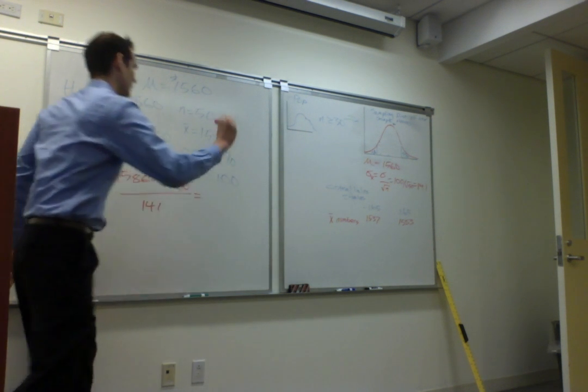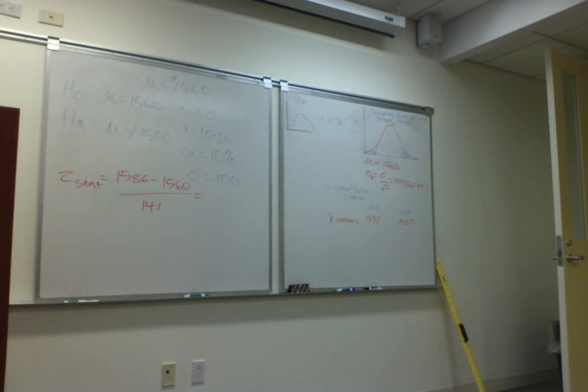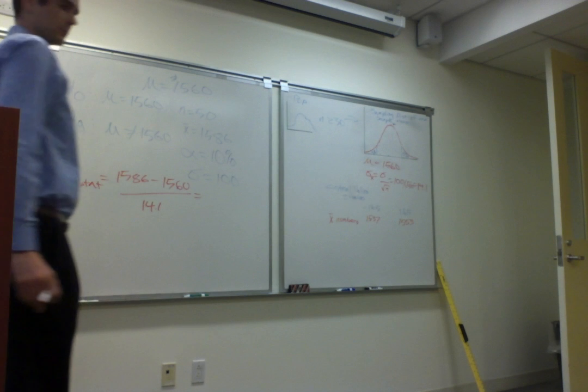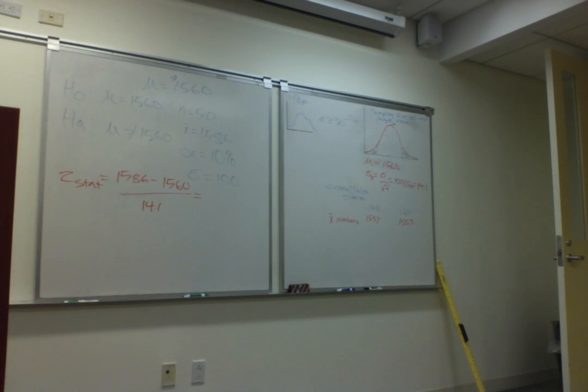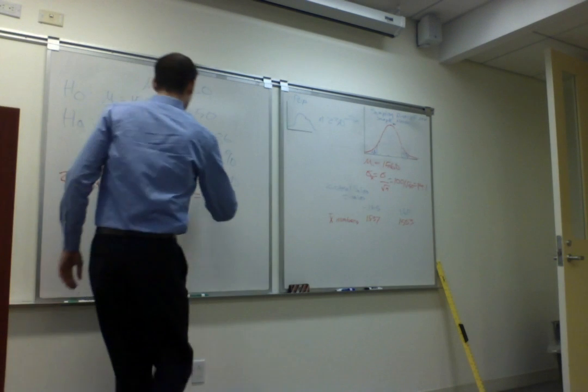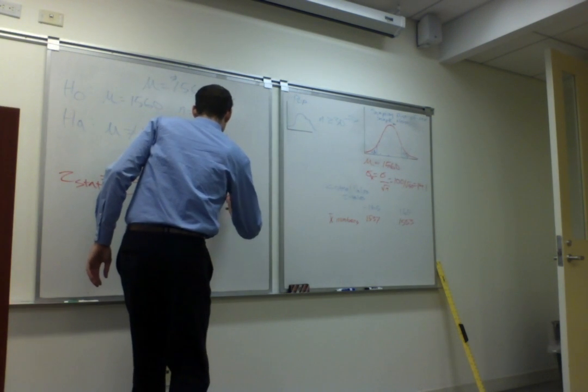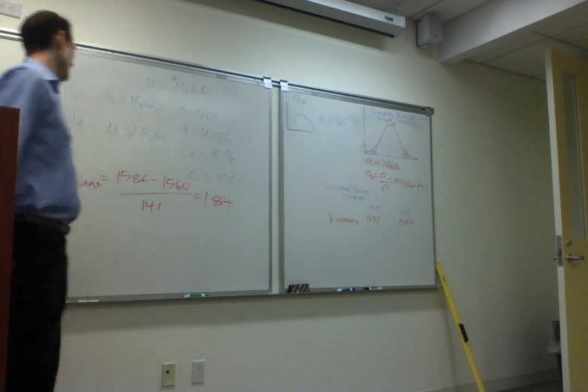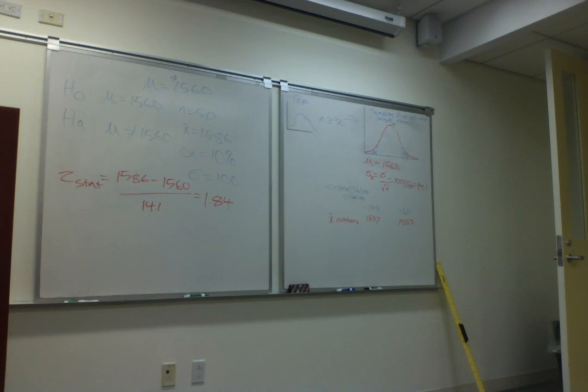What do we get when we crunch that out? 1.84. So that is a z statistic, a z-score of 1.84.